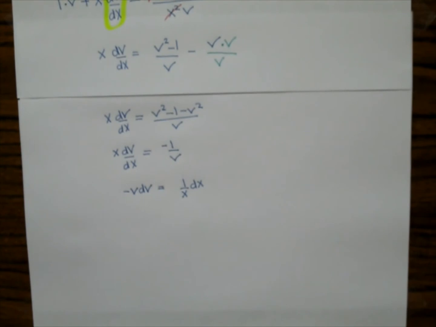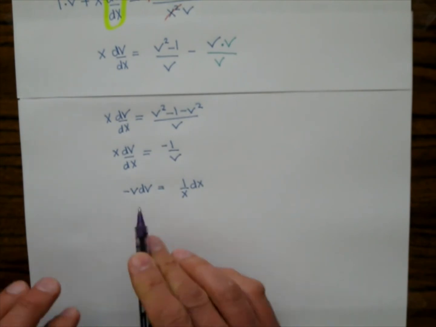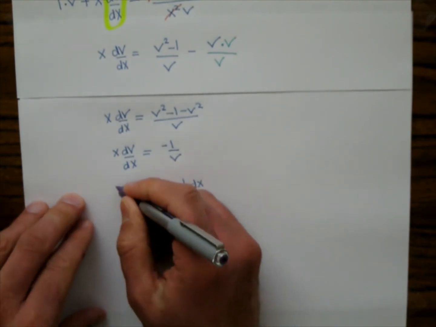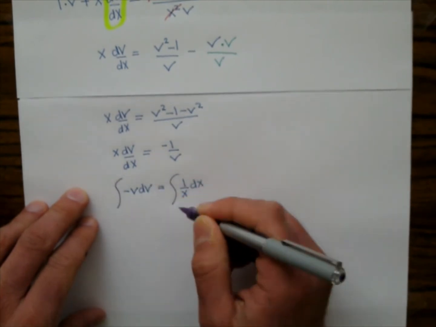Okay, so that was separation of variables. Hopefully I did that correctly. And you could have kept the negative on that side. It doesn't really matter. I'm going to go ahead and integrate both sides.